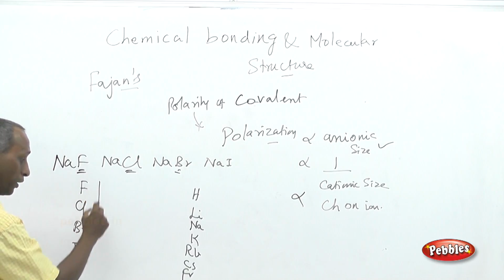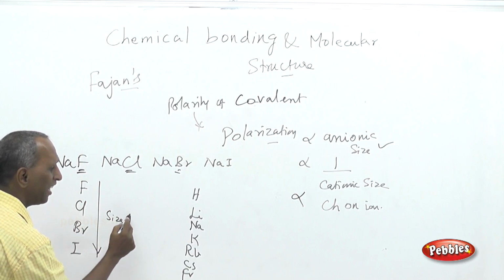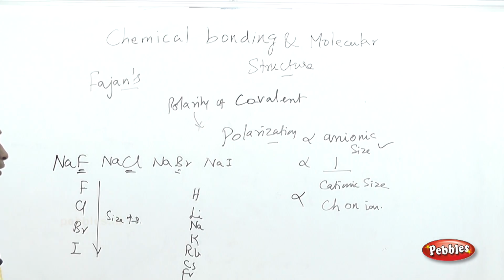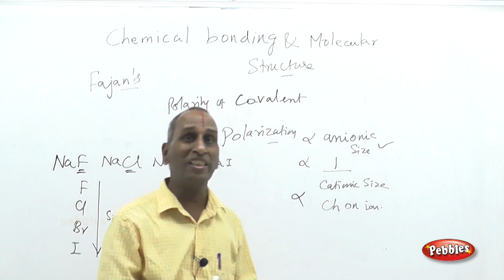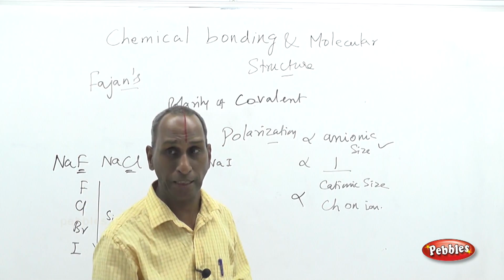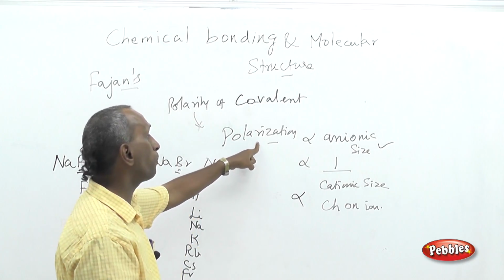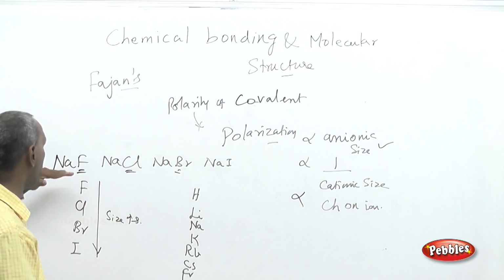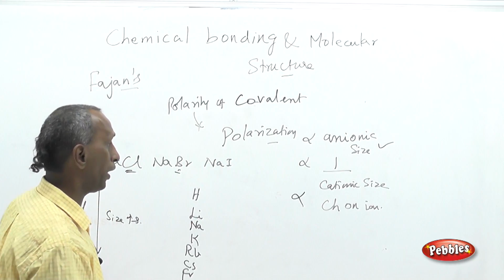These are group elements. Along the group, we have seen that size increases. That is a periodic property. So, from sodium fluoride to sodium iodide, there is an increase in anionic size. If there is an increase in anionic size, there is more polarization. So, polarization characteristics increase from sodium fluoride towards sodium iodide.